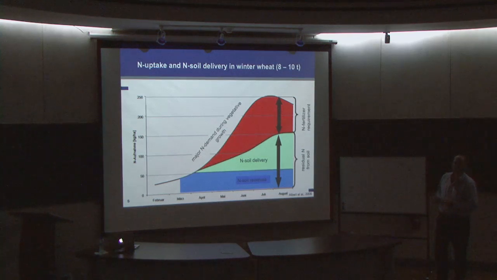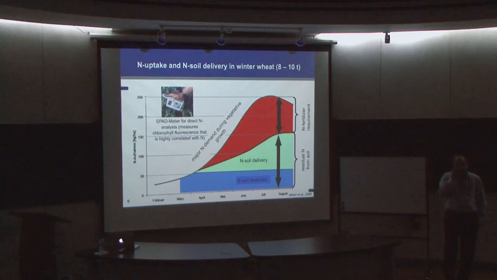We call this a split application of nitrogen that is recommended to the farmers, and I come back later to this scheme again because probably it requires some adjustments to current conditions. Okay, so the yield that we can get with wheat typically is something like 8 to 10 tons. That's a reasonable yield in well-developed systems in general.